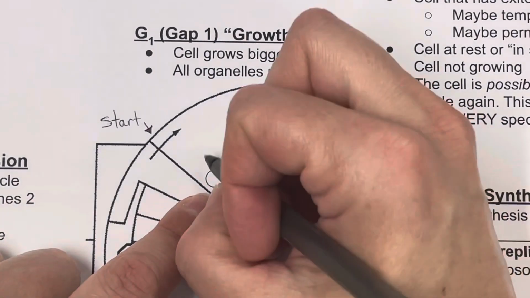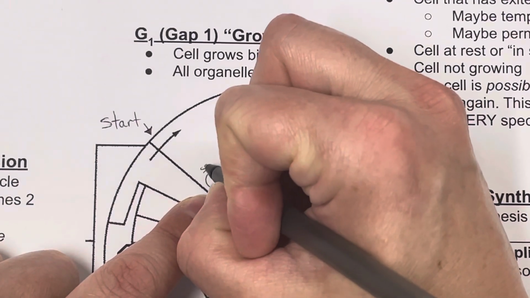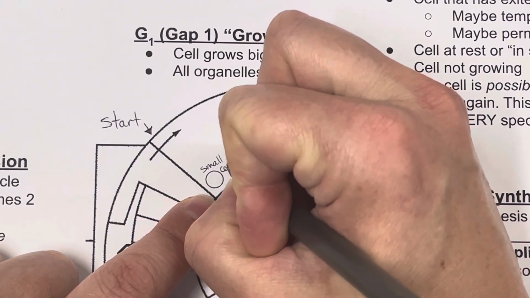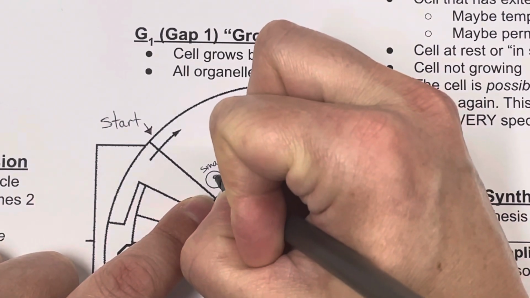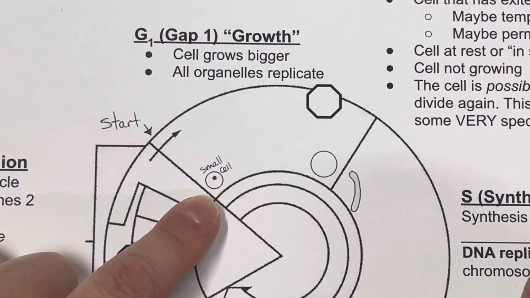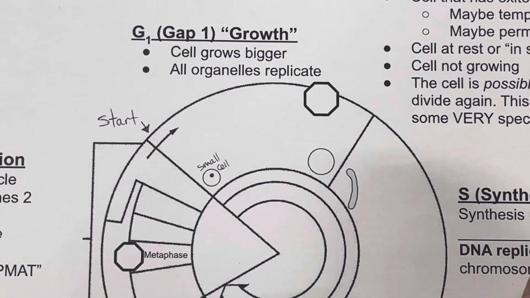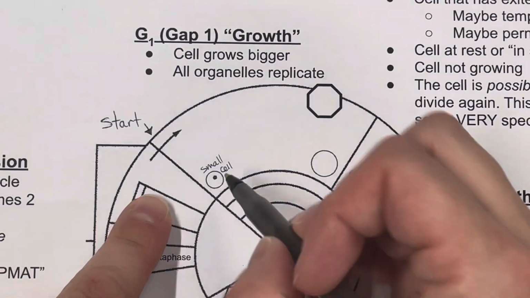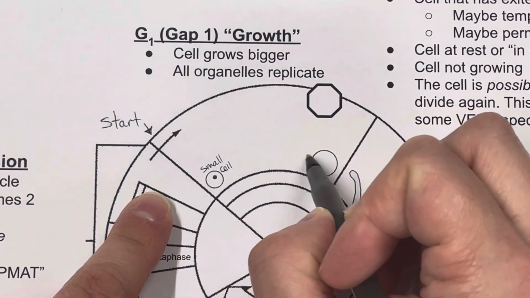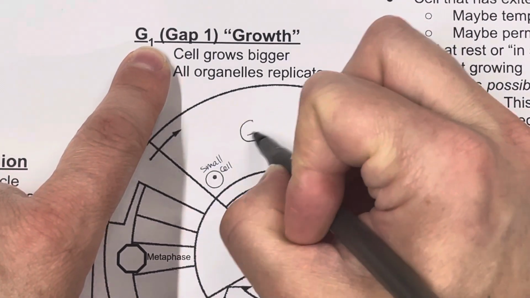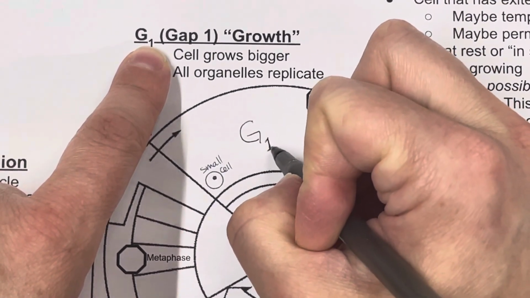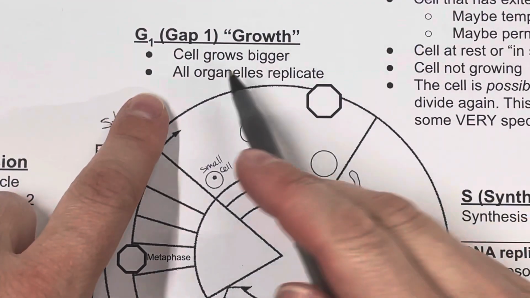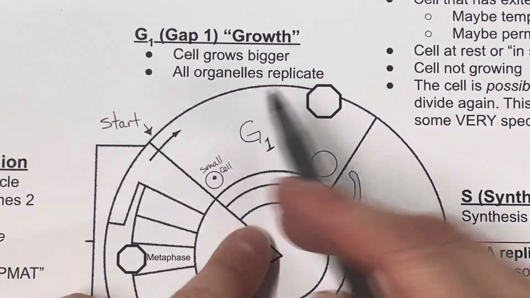The cell cycle starts with a very small cell. That right there is a small cell with its little nucleus. Now that small cell is going to grow and grow and grow during what's called G1. This is the first phase of the cell cycle. The cell grows bigger and all organelles replicate.